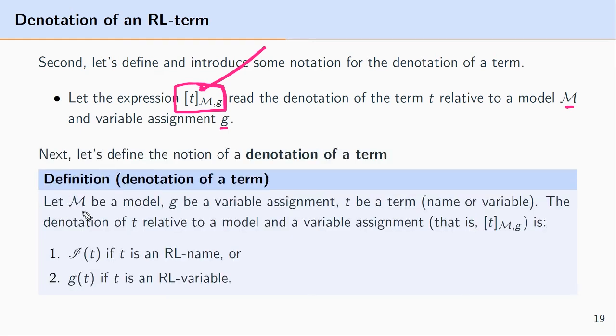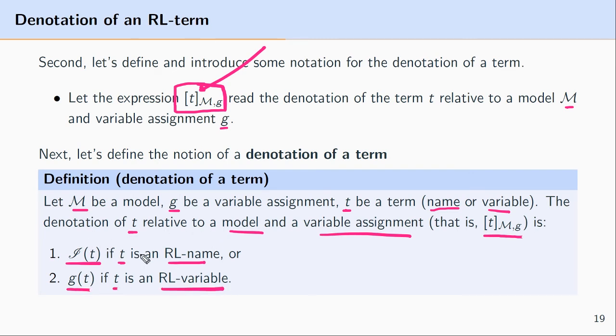So again, let's let M be a model, G be a variable assignment, and T be a term, which is again a name or a variable. So we're going to say the denotation of T relative to the model and the variable assignment, that is this square bracket T sub M sub G, is, and so now we're going to define it, the interpretation of T if T is a name, or the variable assignment of T if T is a variable.